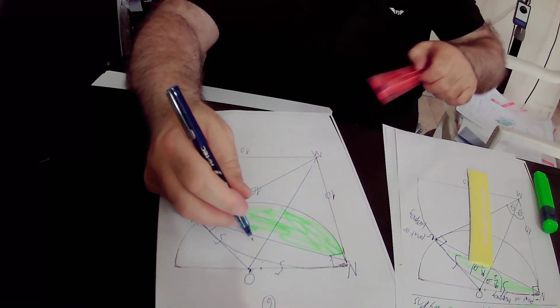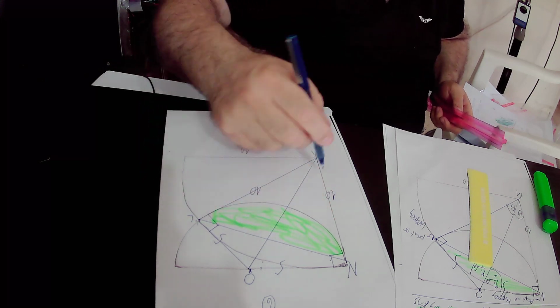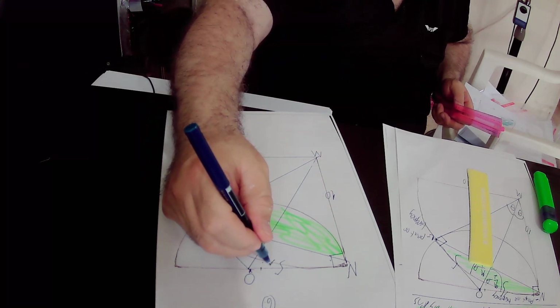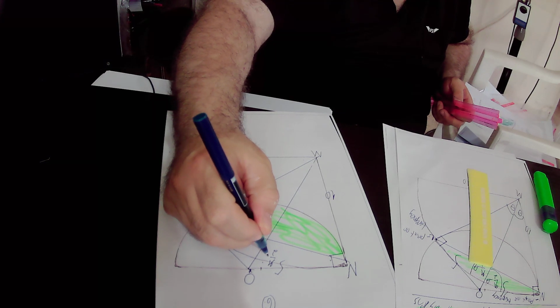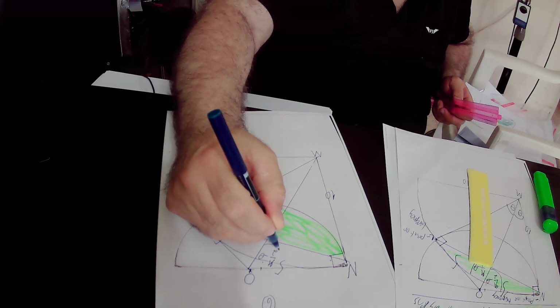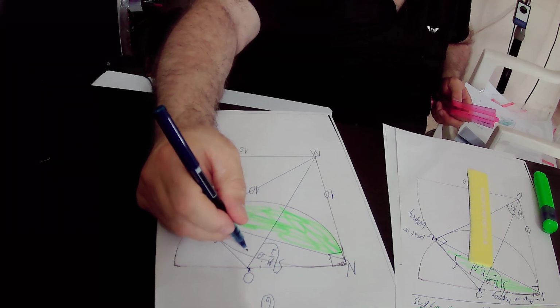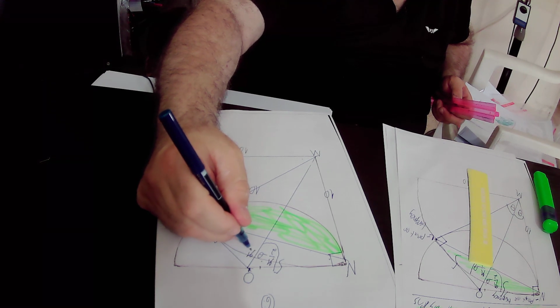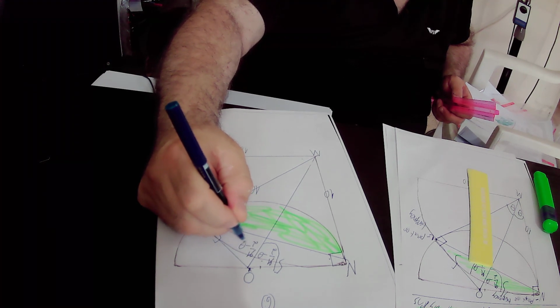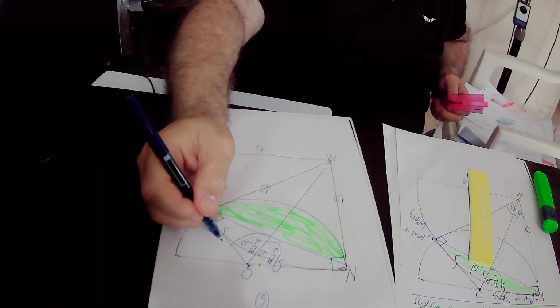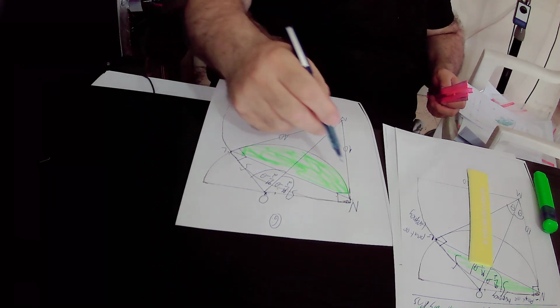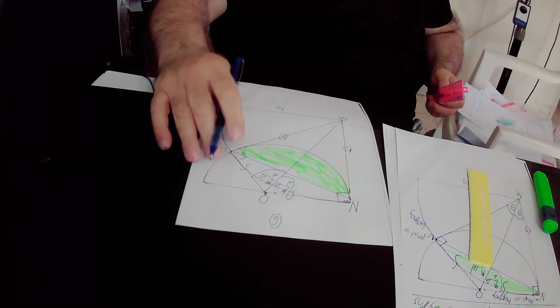We have already found out that angle NOM, this angle, equals pi over 2 minus theta, and this angle also equals pi over 2 minus theta. So the sum of those two angles is the size of angle NOL.